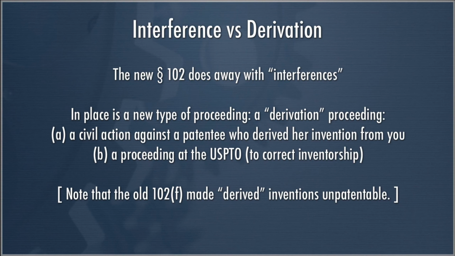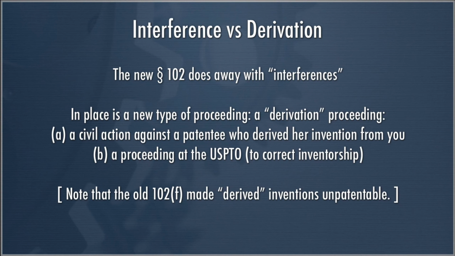So you can actually sue somebody who gets a patent if you can prove, and you can win, and it's not clear exactly what you would win, but you would potentially get the patent and maybe even damages, not clear. It offers a civil action against a patentee who derived the invention, and it offers a proceeding at the PTO, which ultimately is intended to make sure that inventorship is proper.